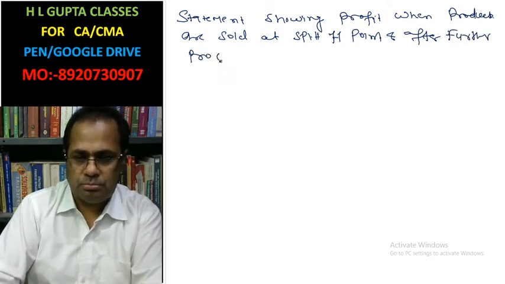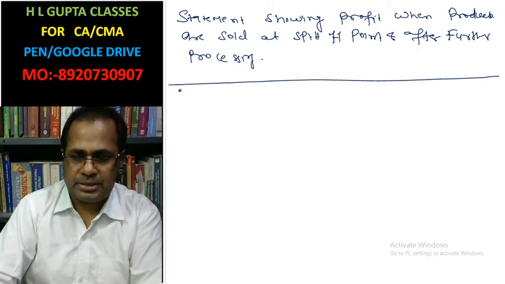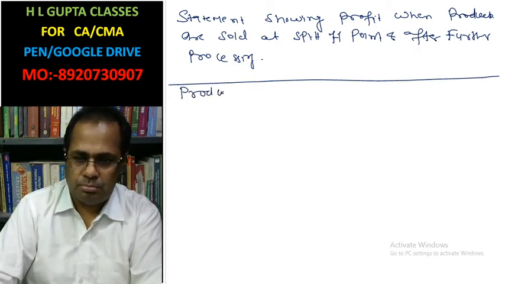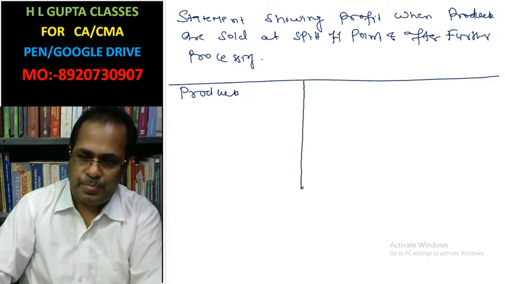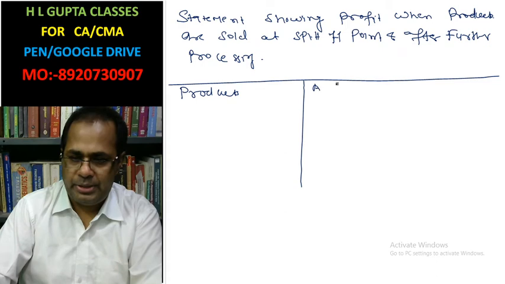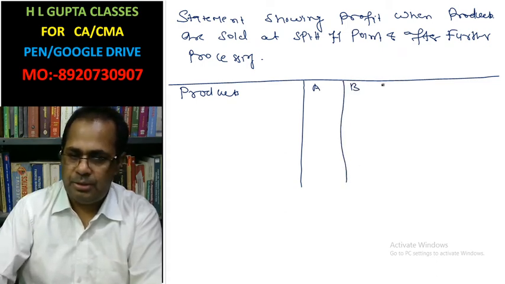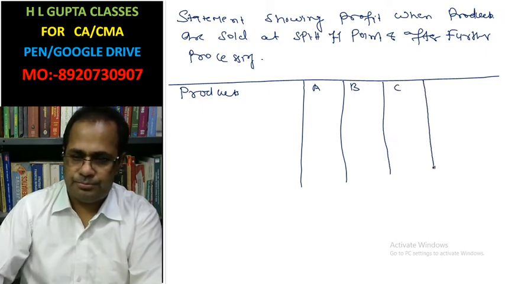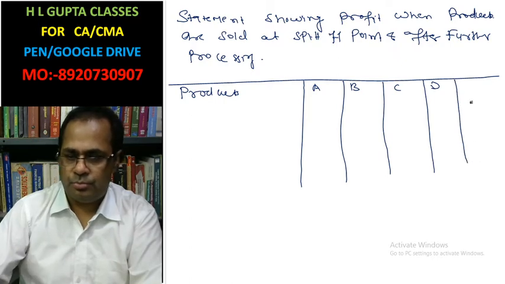Further processing. In this case, product A, B, C, D. This is total.